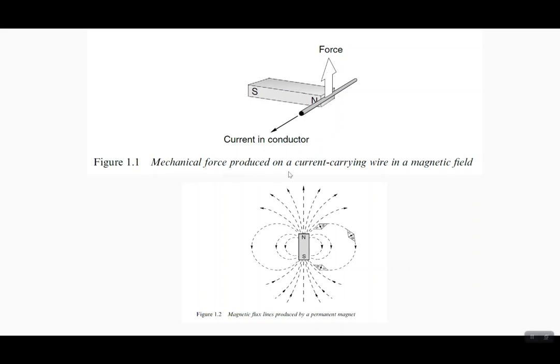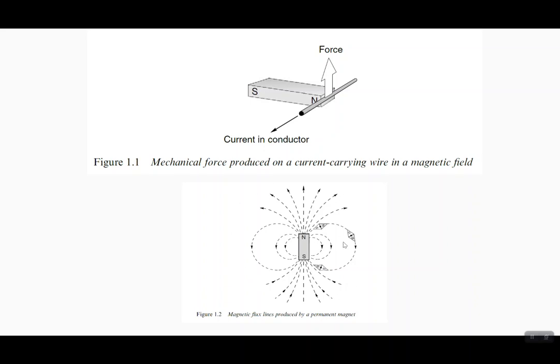Mechanical force produced by a current carrying wire in a magnetic field. That's exactly what happens in this scenario. And here, it shows that if you have a magnet like this, the lines of force go from the north to the south pole, and here are some of the basics relating to a magnet.